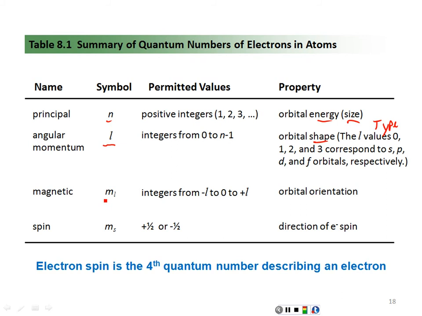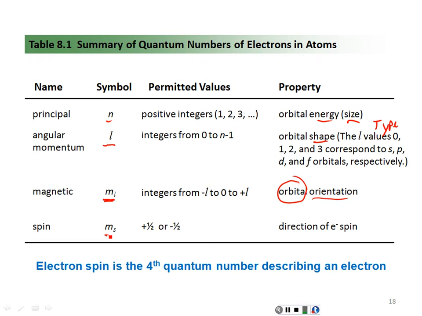The last one we learned about previously was the magnetic quantum number m sub L, and this is the orbital orientation, or really it is the description of which orbital you're in. And finally, now we have the quantum number m sub s, and that is the electron spin.